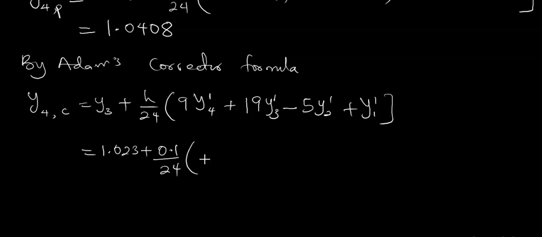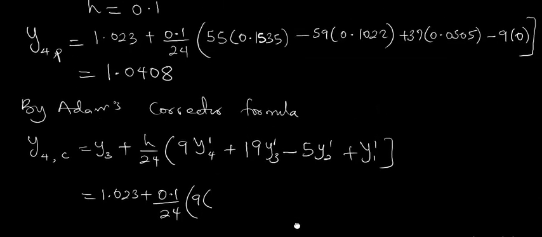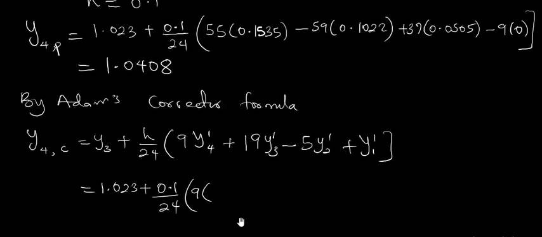Now this is going to be 9 times y4 prime, which we know what that is. But we don't have Y4, so we have to calculate Y4. So let's quickly calculate that before we begin.